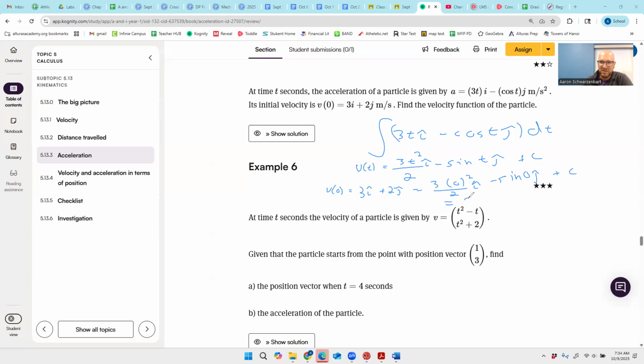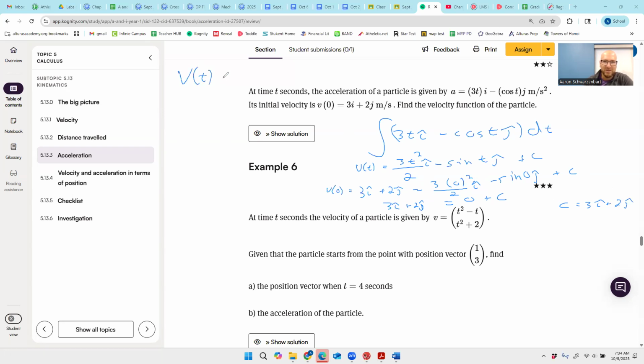So this works out to be 0 plus c equals 3 i hat plus 2 j hat, because c here would be a vector. So it's just that. If you had to do some subtracting, you'd probably still end up with an i hat and j hat. Find the velocity function. I need to list the whole thing.